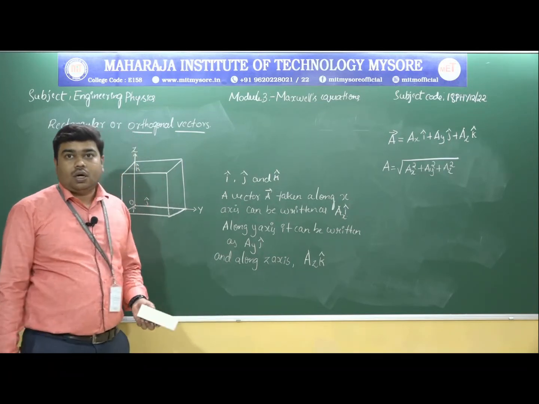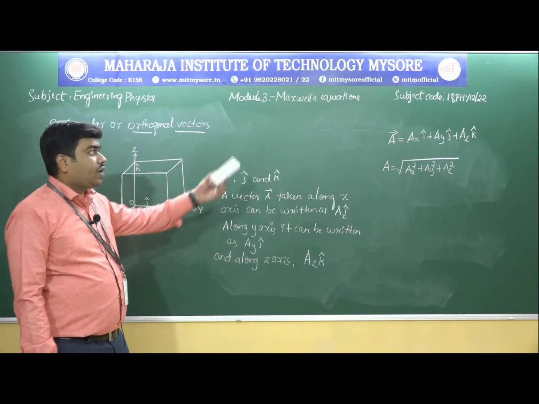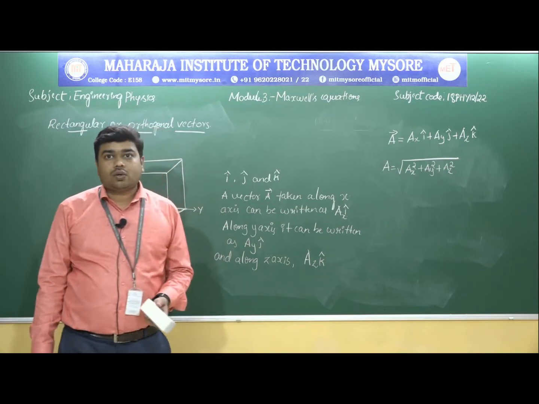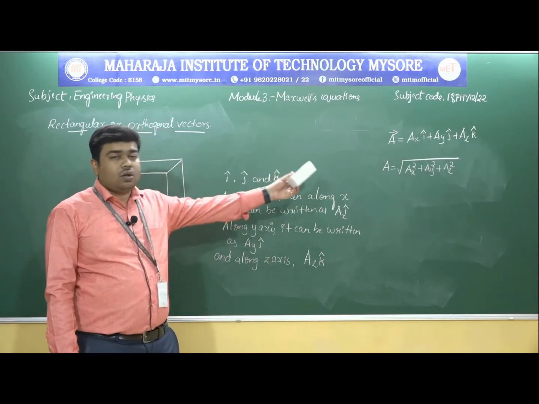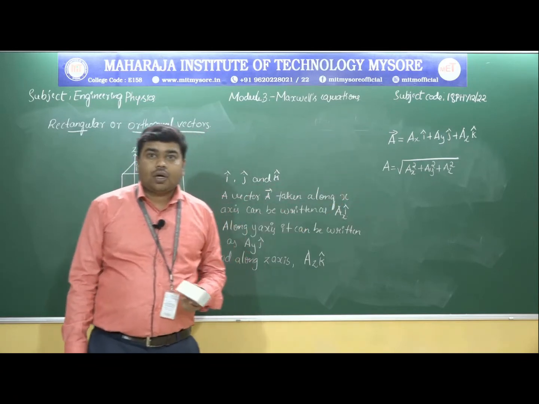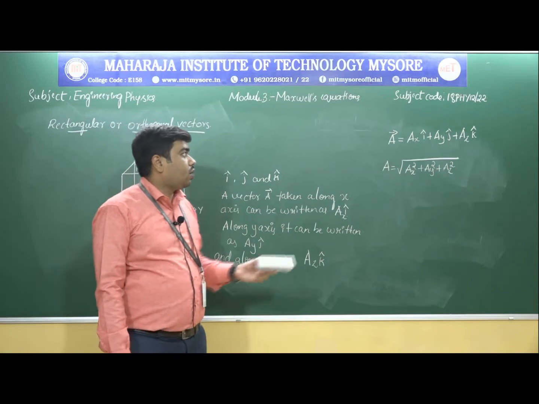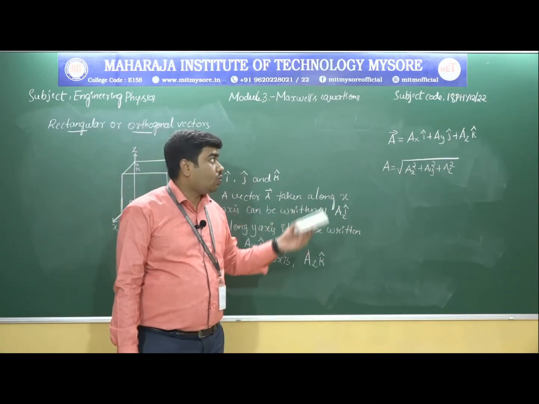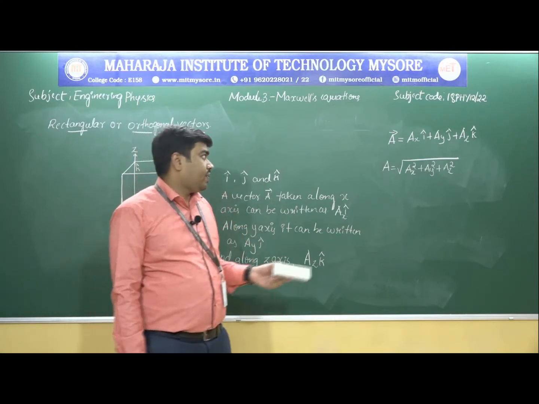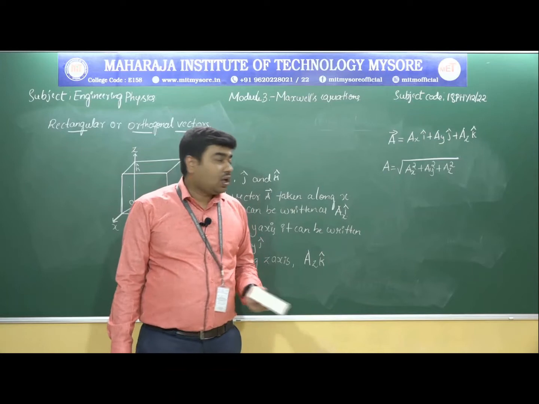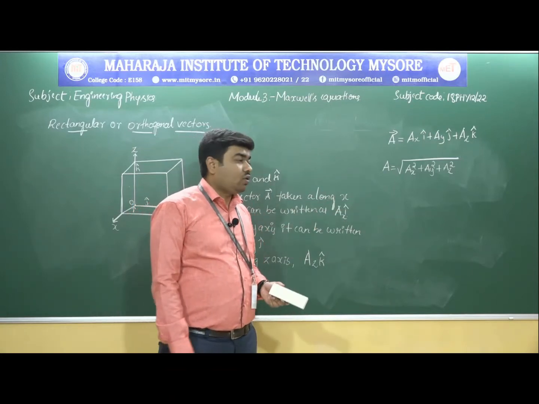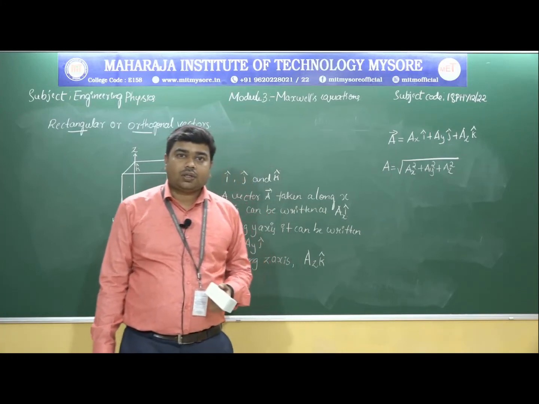If you have a vector A, it can be resolved using the Cartesian coordinate system: along x it will be Ax into i cap, along y it will be Ay into j cap, and along z it will be Az into k cap. Thus vector A is equal to Ax into i cap plus Ay into j cap plus Az into k cap, which gives the direction of the vector, and its magnitude is the square root of Ax square plus Ay square plus Az square.